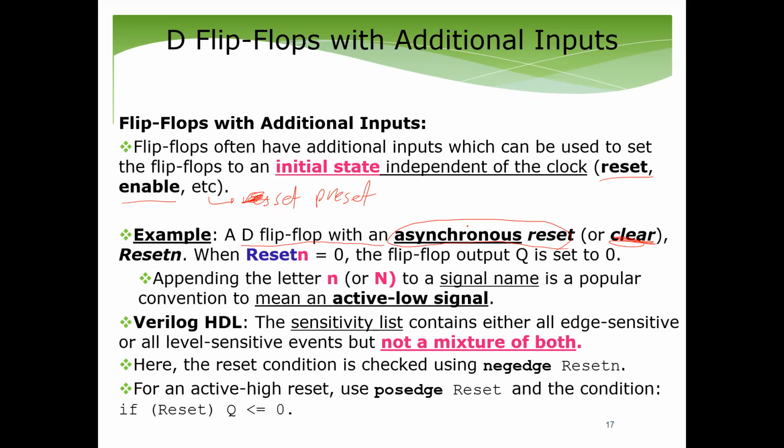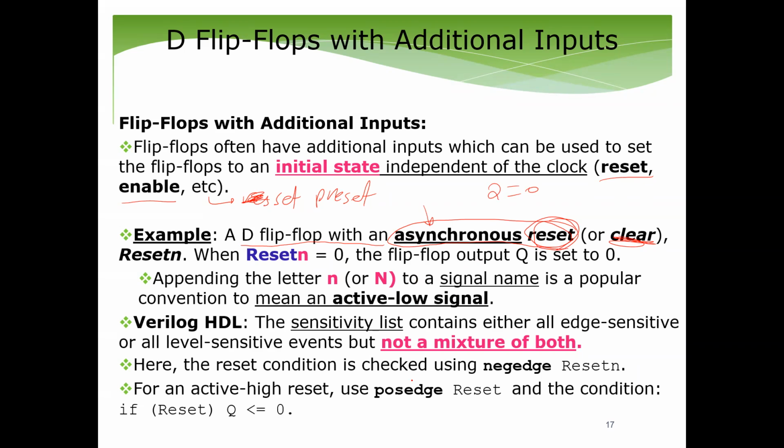An asynchronous reset معناه if this signal is active, make the value of Q equal to 0 anytime بغض النظر عن الكلوك. Asynchronous معناه غير متزامن with the clock. Synchronous معناه متزامن with the clock.